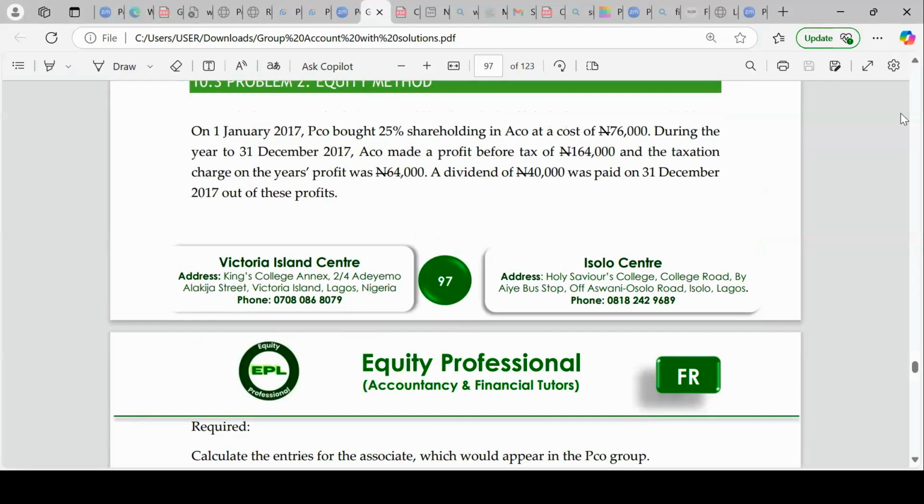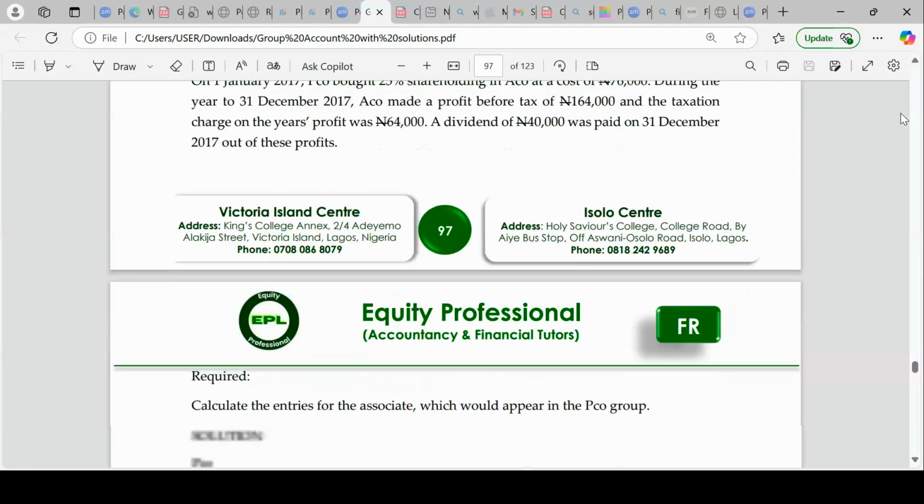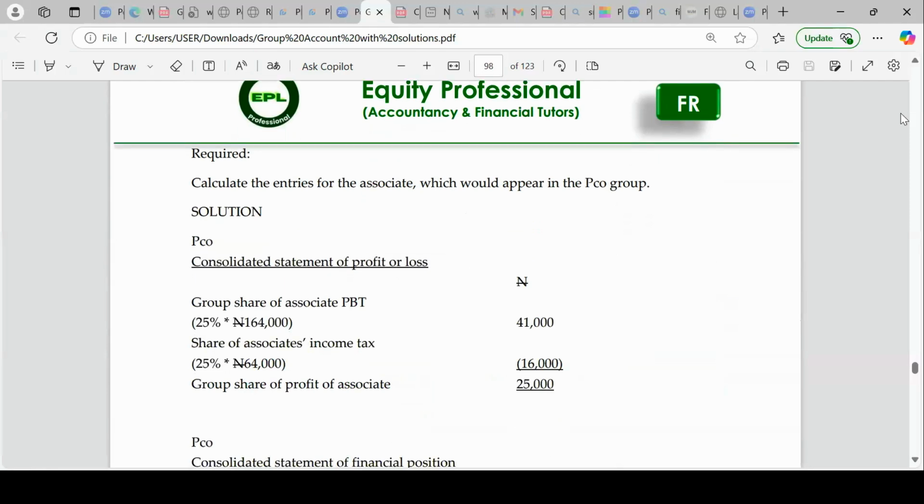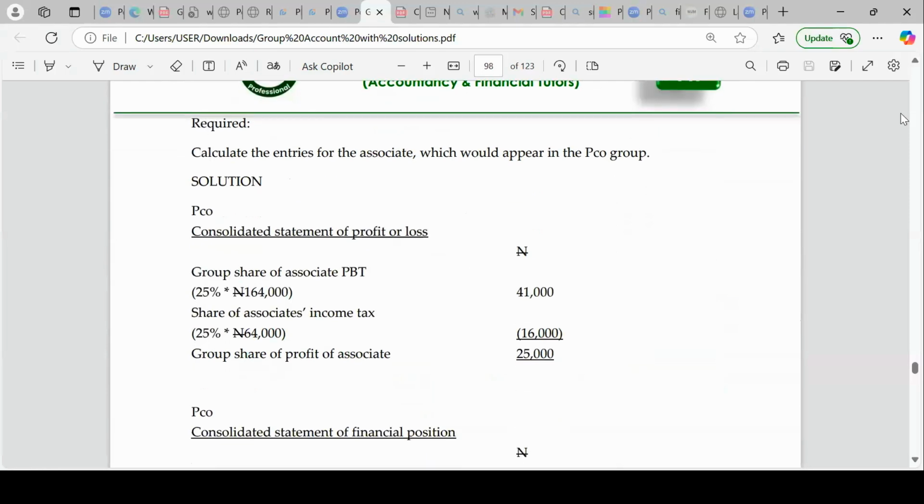And the taxation charge on the year's profit was 64,000 naira. A dividend of 40,000 naira was paid on 31st December 2017 out of the profit. Calculate the entries for the associate, which would appear in Pico Group.